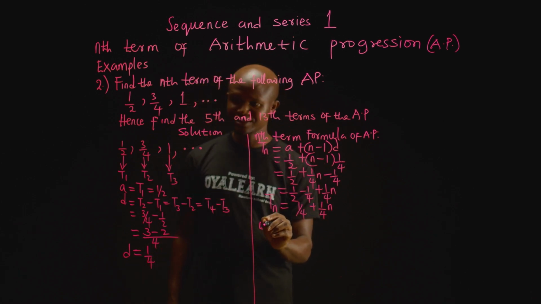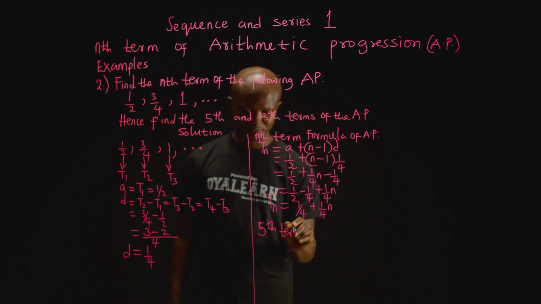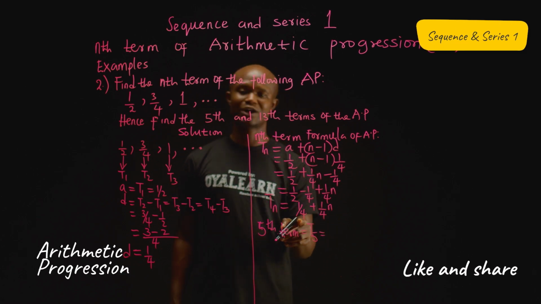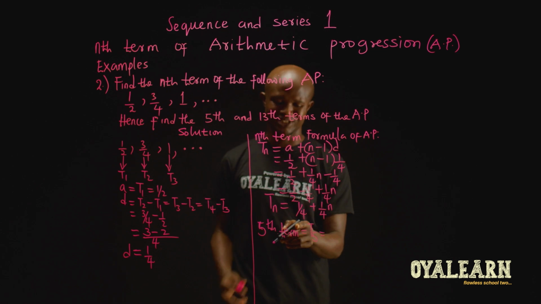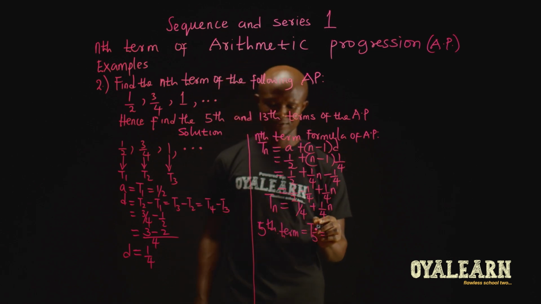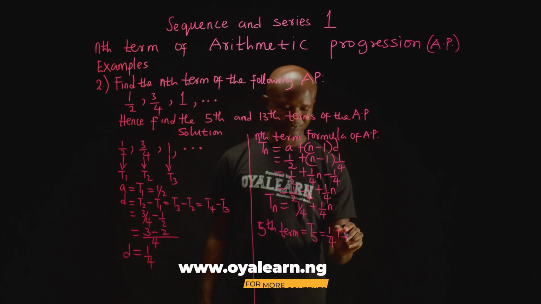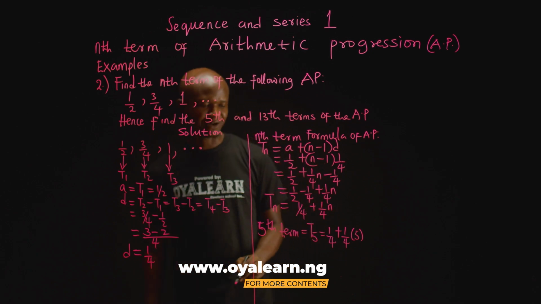Now, 5th term. That is equal to T5. So we are going to use the nth term formula to determine T5. It means that we substitute n as 5. So what are we going to have?